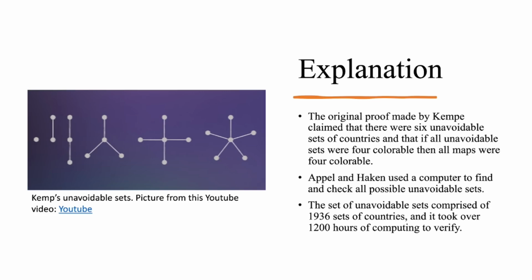The final set of unavoidable sets was comprised of 1,936 sets of countries, and it would take over 1,200 hours of computing to verify. In simpler terms, they searched for and proved that all prime maps were four-colorable, meaning that any map made of said prime maps would be four-colorable.